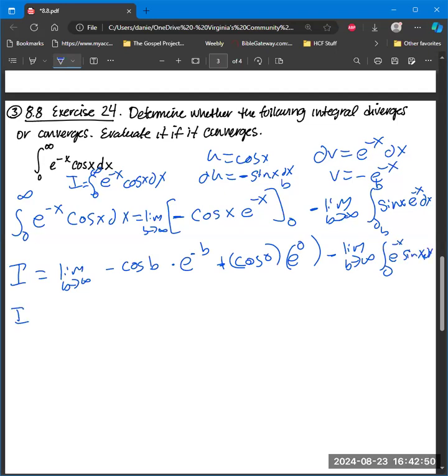So I is equal to, so cosine of b has to be somewhere between -1 and 1, but that doesn't matter because this is going to 0. So that whole thing is going to 0.